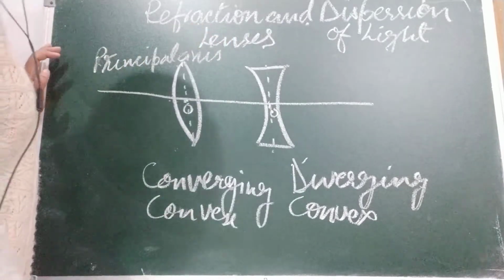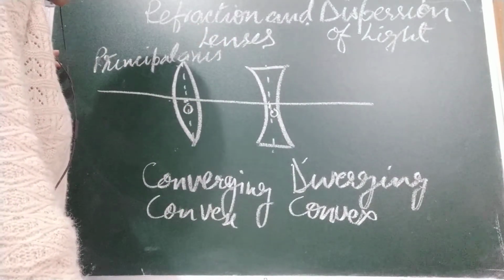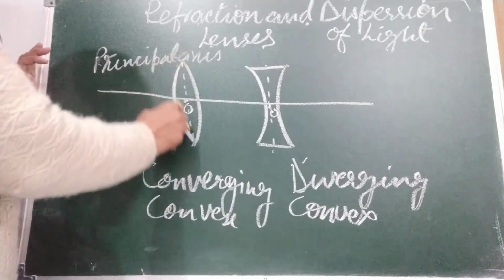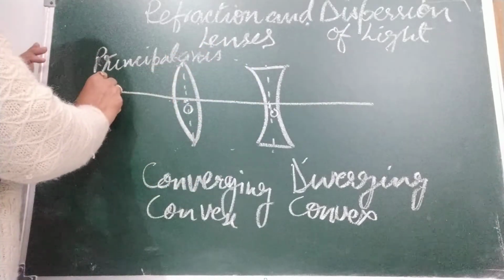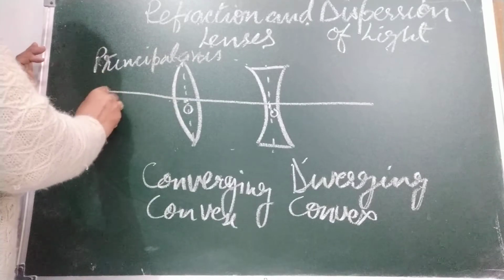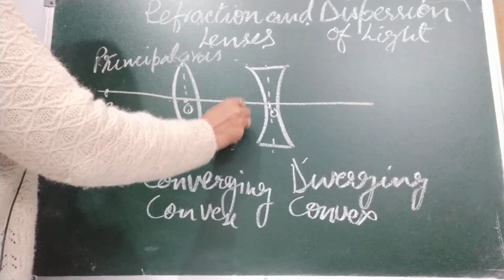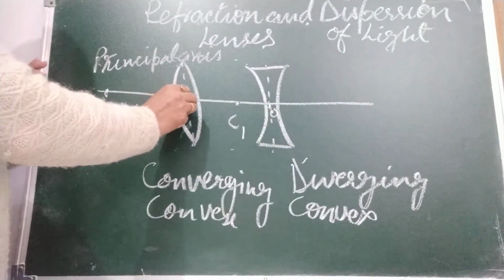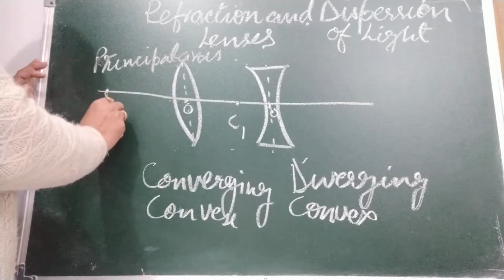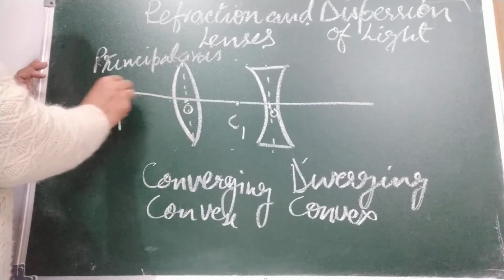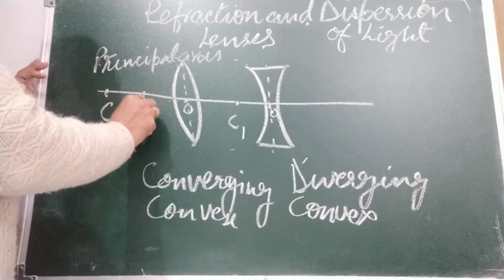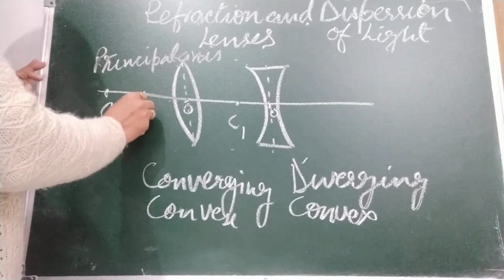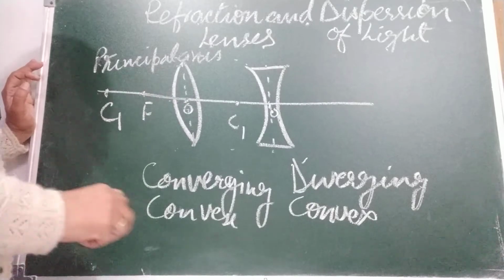Children, this principal axis is the line joining the centers of the two spheres. This side is made of one sphere, this side is made of another sphere. So the center of this sphere is on this side and the center of this sphere is on this side. Same way for this lens also. So C1, C2, and this is the radius. And children, between O and C the point is called focus, and the distance between focus and optical center is called focal length.